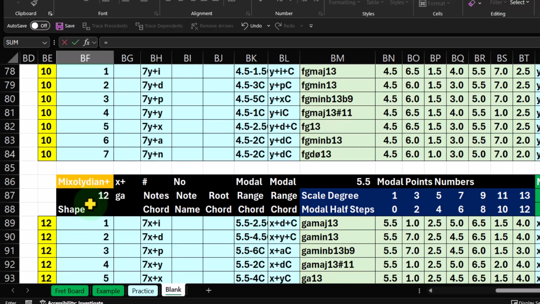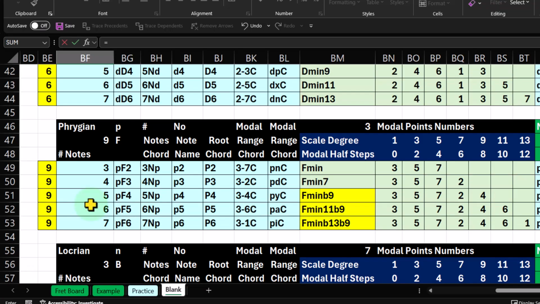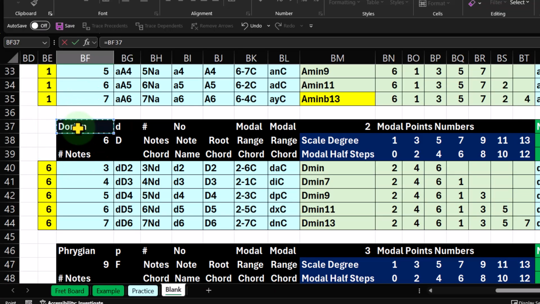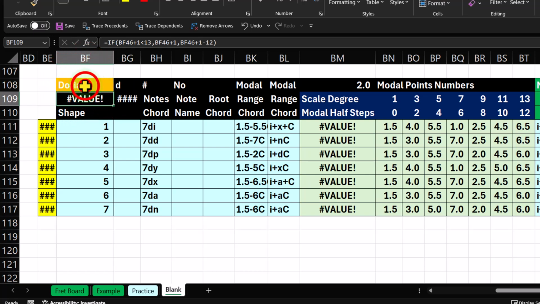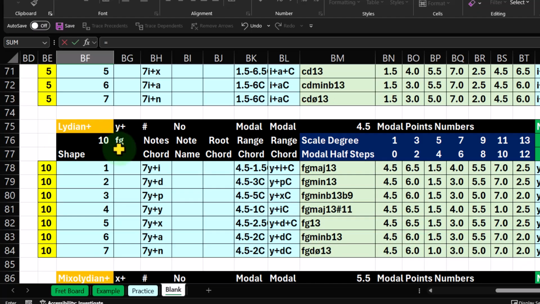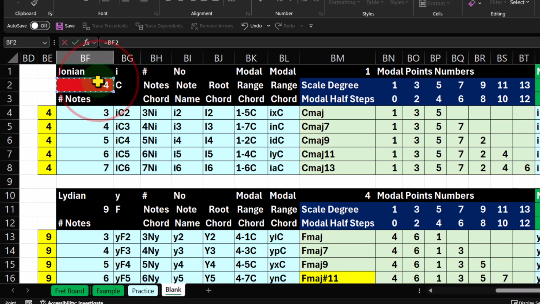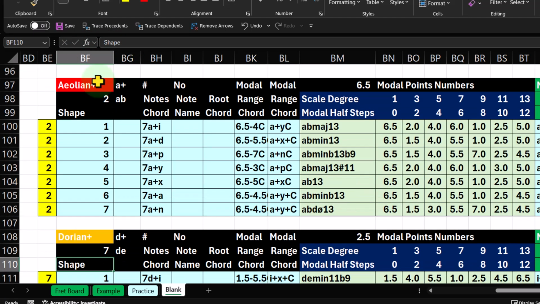So we'll say this is going to be Dorian. So this is going to be Dorian, and then it's going to be that and plus. All right. And then this cell is going to be equal to the C plus 3.